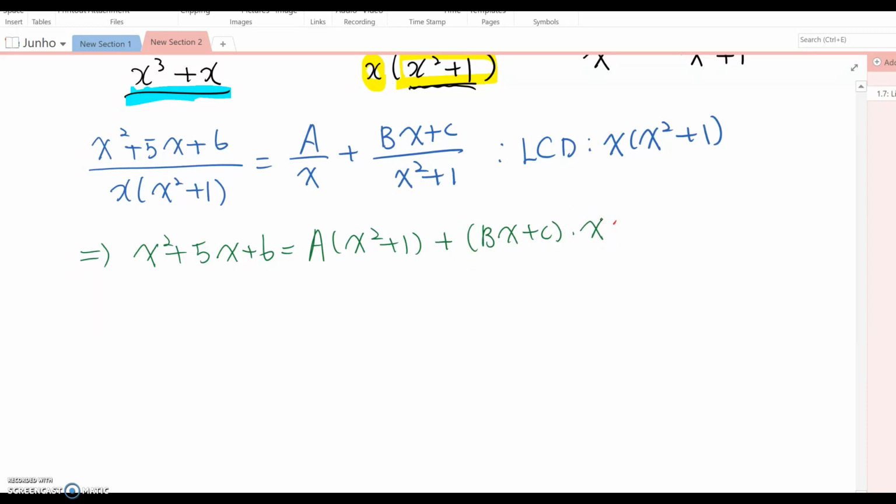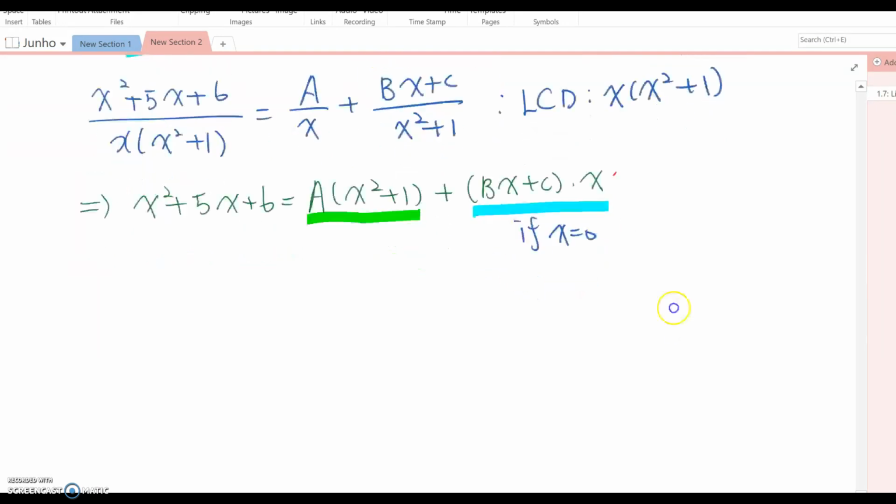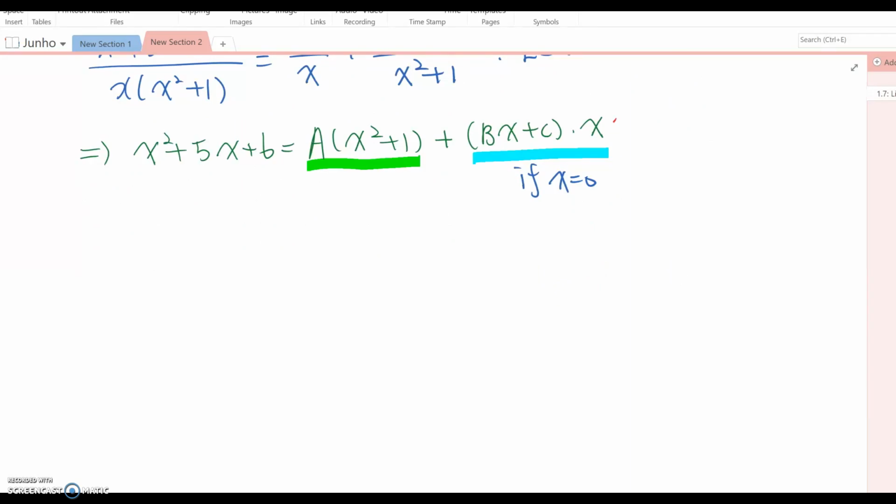Even though in this term we cannot find any value of x that makes it equal to 0, in this term we can. If x equals 0, then this will be 0. So let x equal 0.